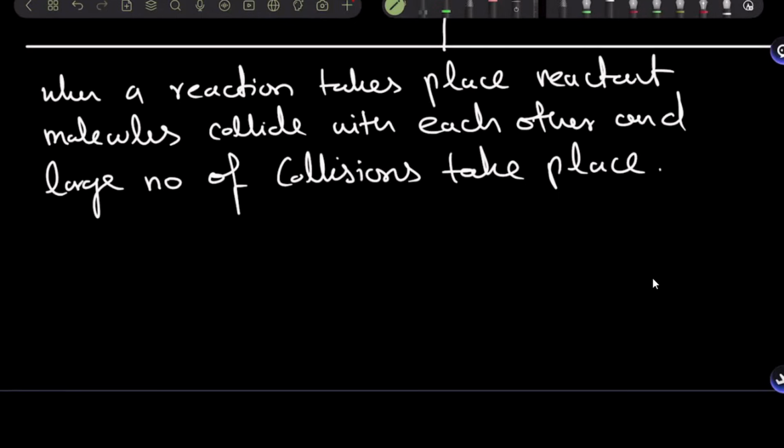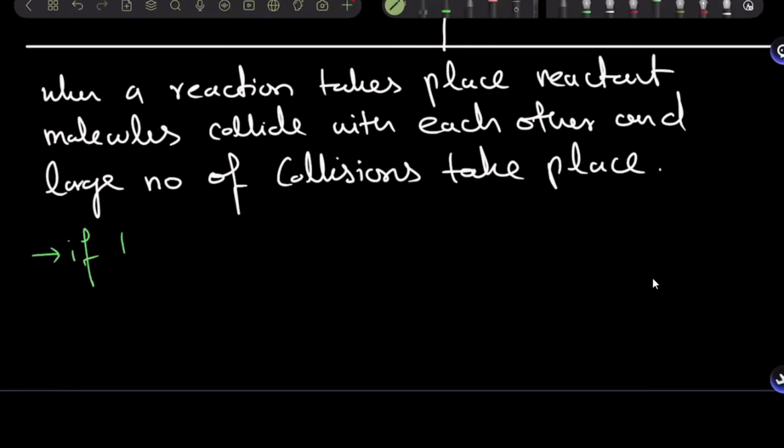Now, out of these large number of collisions, if the proportion of effective collisions is greater than the proportion of ineffective collisions, what do you think is going to happen? If effective is more than ineffective, then it's going to work, right? It's going to form more product, and it is going to form product more quickly, right? So that's the first point that we're going to write.